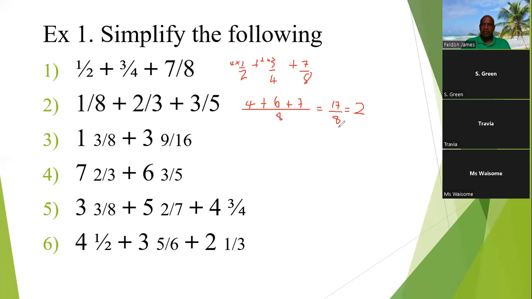And so if you can get 8 parts out of the numerator, then that would be 1 whole. If you can get 2 times 8, which is 16, out of the numerator, then that would give you 2 wholes. So we have 2, and then the remainder would be how much? 1. And so we put back the denominator, over the 8.